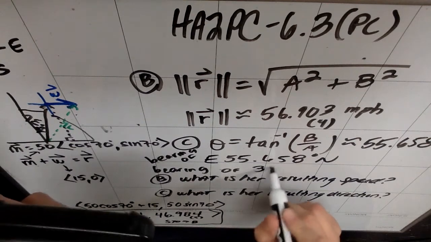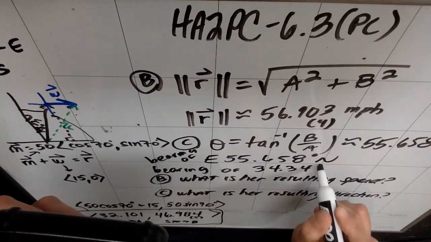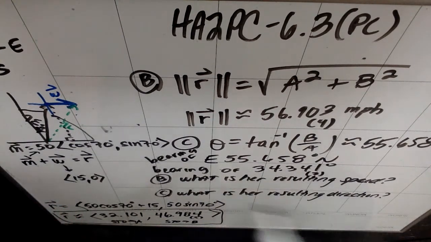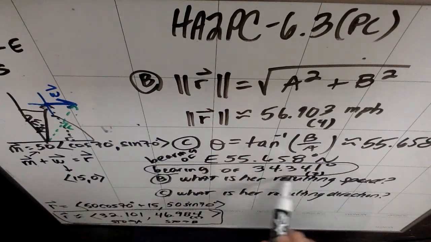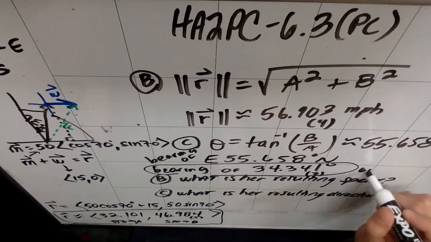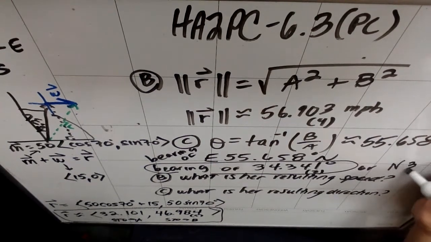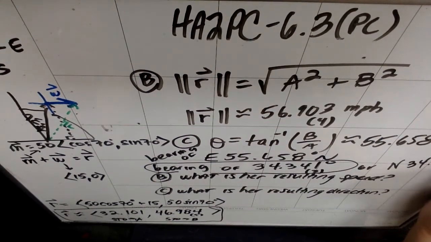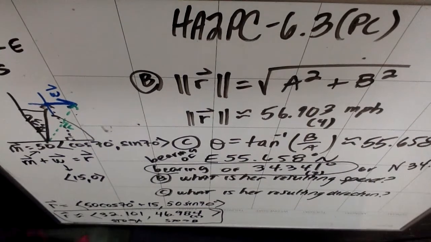So you could say a bearing of 34.3412 degrees. If you don't specify a direction, you mean north turned to the east. Or you could have said it as north 34.3412 degrees east. Any of those would have been okay.